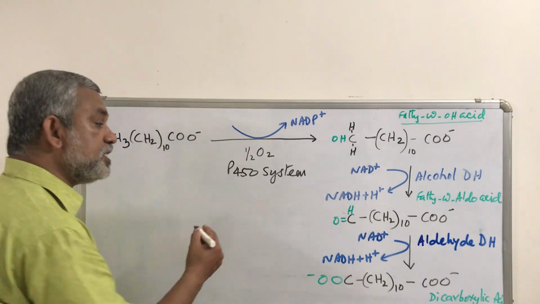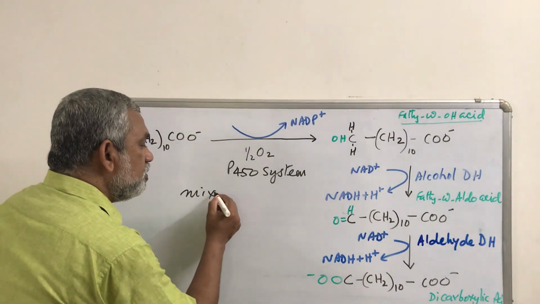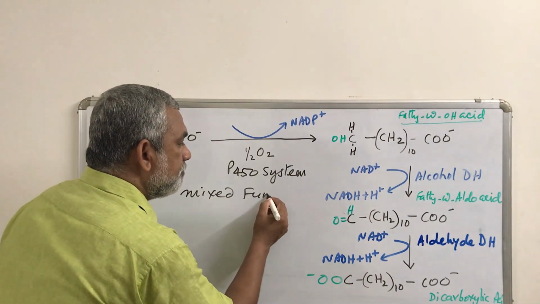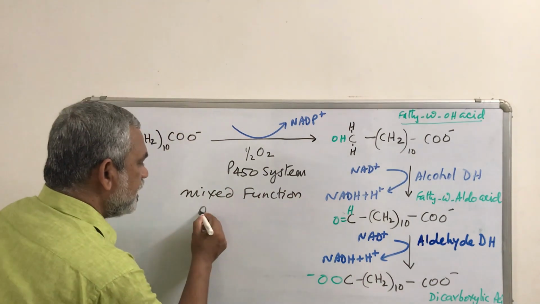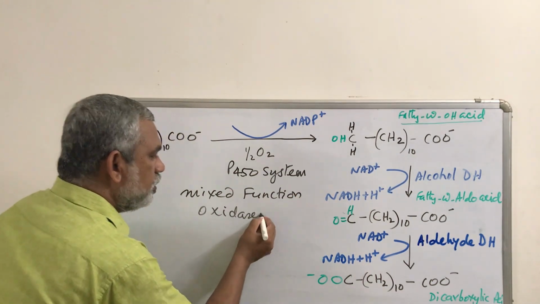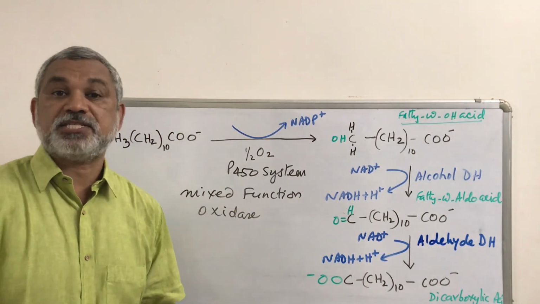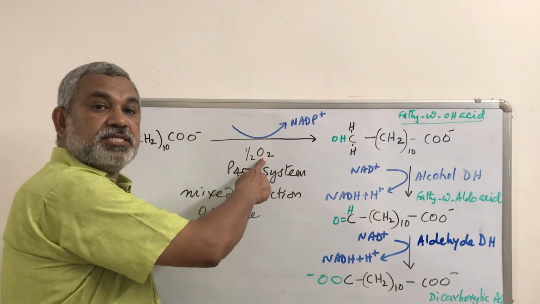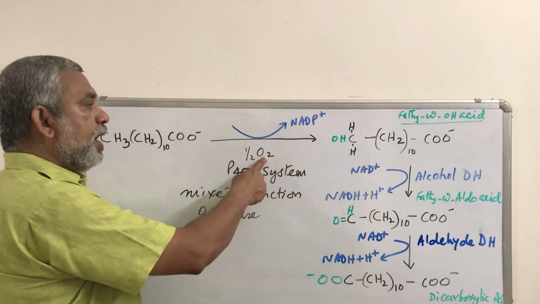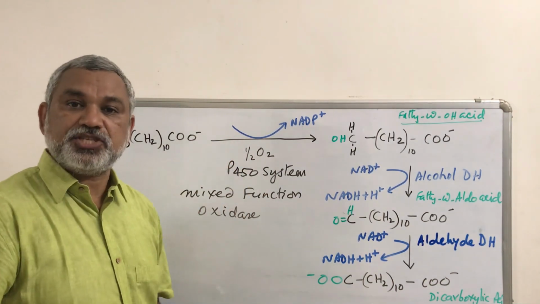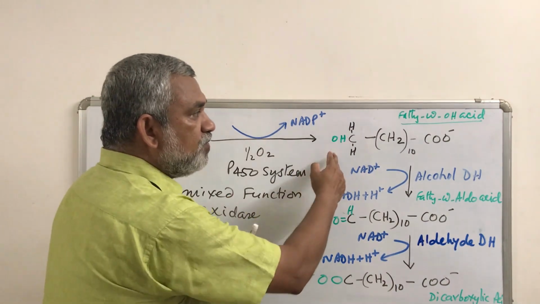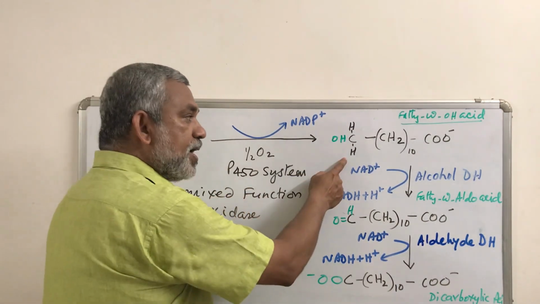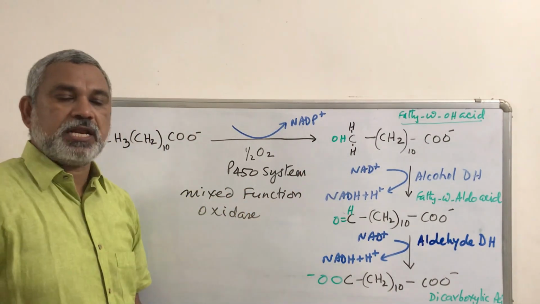This P450 system is a mixed function oxidase. We know from our previous sessions that it requires a molecule of oxygen, and it is an NADPH dependent enzyme which will convert the omega carbon atom into an alcoholic group.